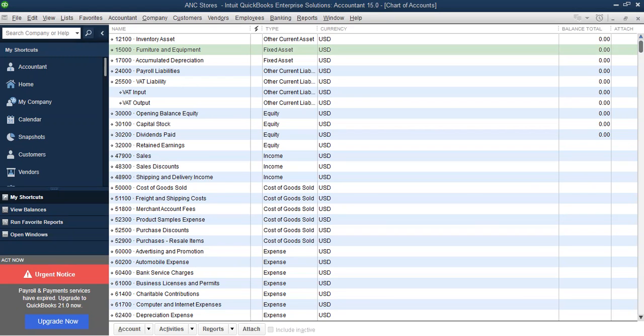Other income accounts are those that do not constitute your normal operating income. So if you receive interest, which is not from sales or products, it goes to other income. Then lastly, we have other expenses. Interest expense, which we talked about earlier, if we are the ones paying the interest, it's an other expense. Whilst there are also other items like exchange gain and exchange loss if we are multi currency.